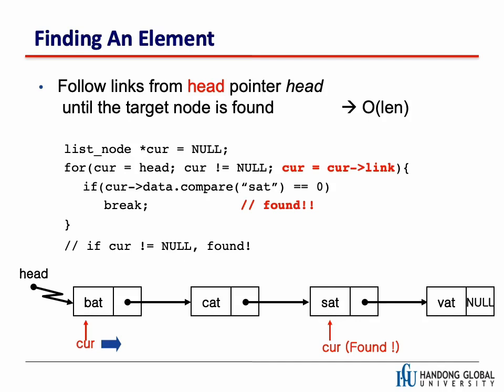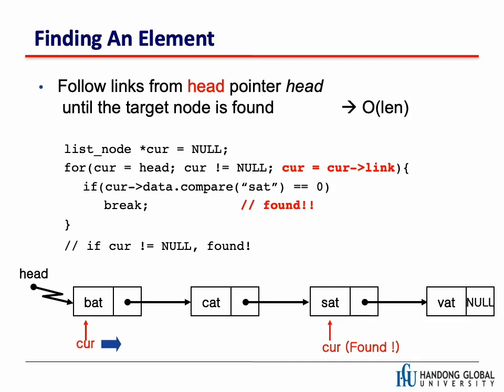We will follow the links from the head pointer until the target node is found. The computational cost is linear in len, where len is the length of the linked list. So let's start from head.